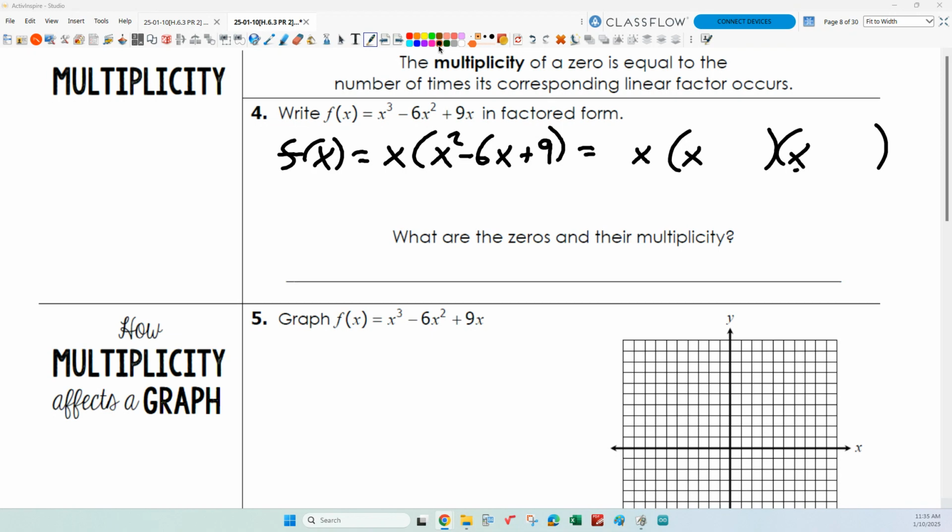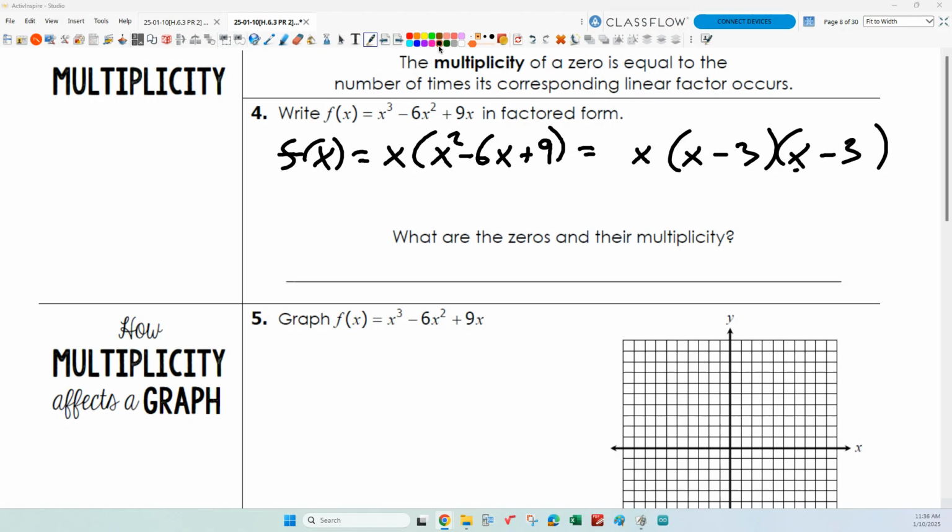Do you remember the recipe for that? The magic numbers would have to multiply to what number? They have to multiply to 9, the constant, and add to -6. So what two numbers multiply to +9 and add to -6? -3 and -3, right?